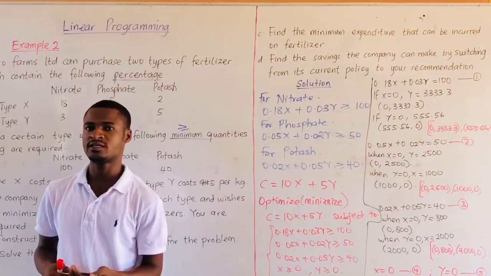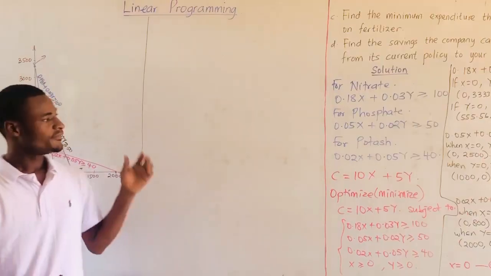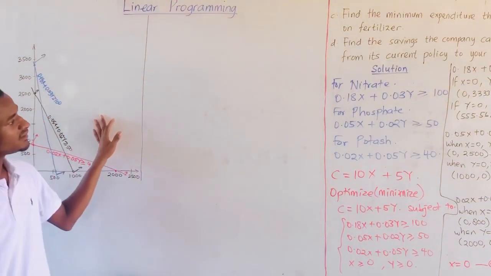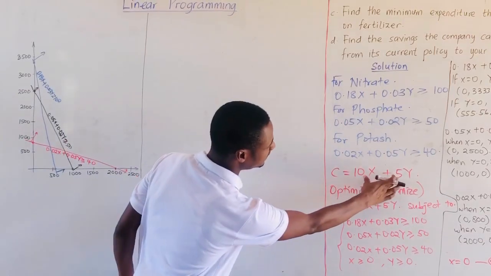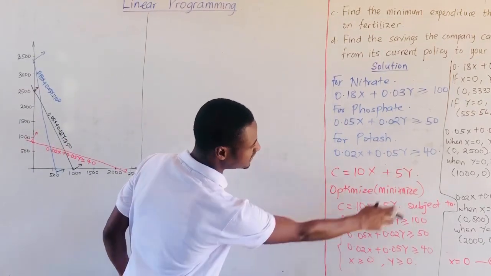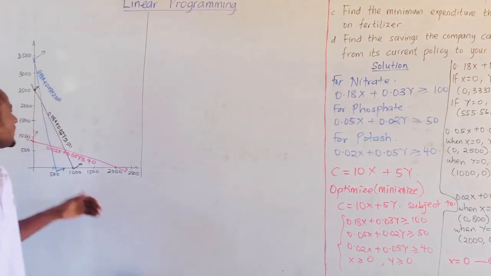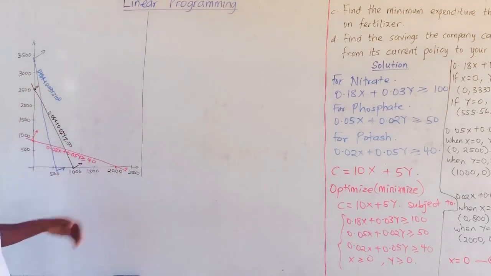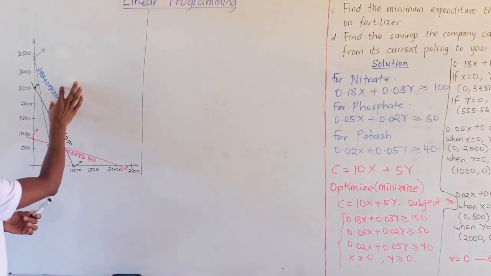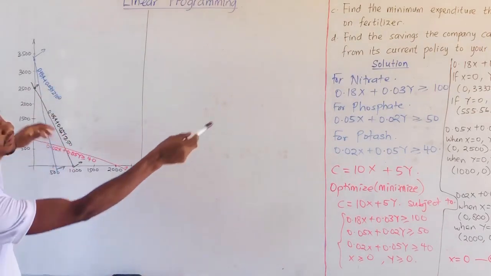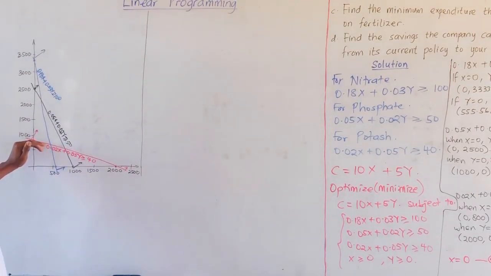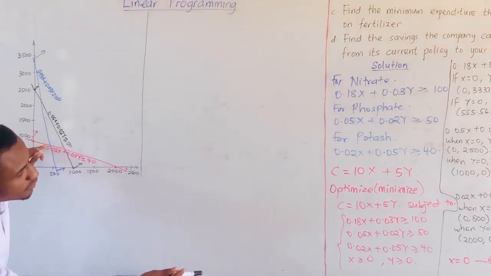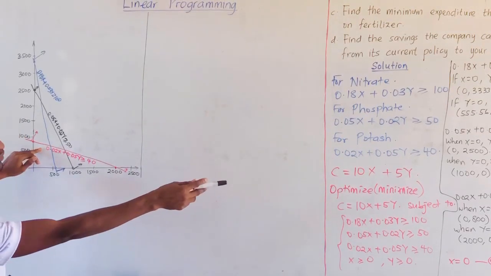Let's move on to the graph. This is a sketch of the graph for the objective function C and the points we had. So when plotted, we have the following lines. This is a line for equation 1, shown in blue. The one in red is the line for equation 3.